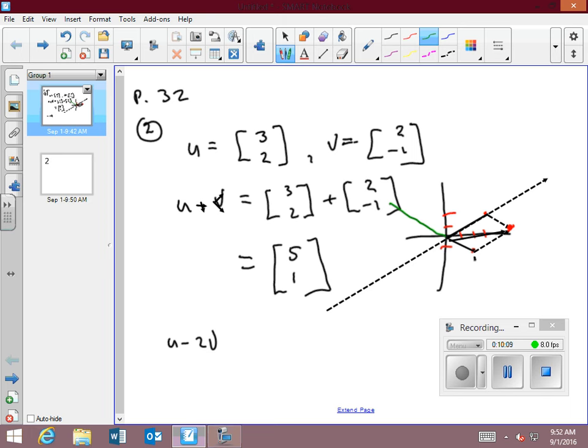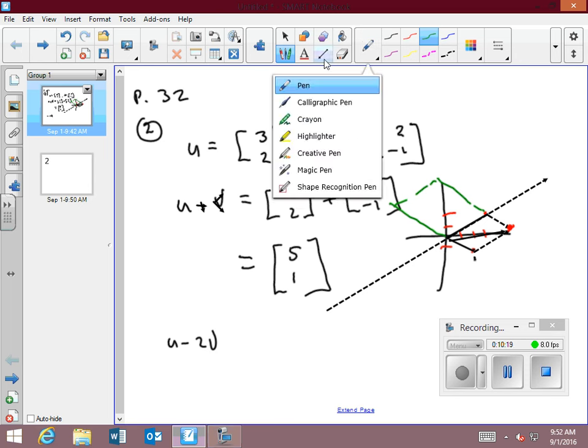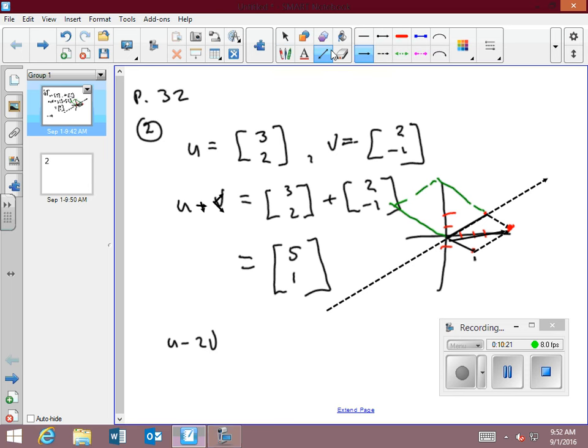And then you're going to combine that with this one. And you should get then this vector that goes back up here.